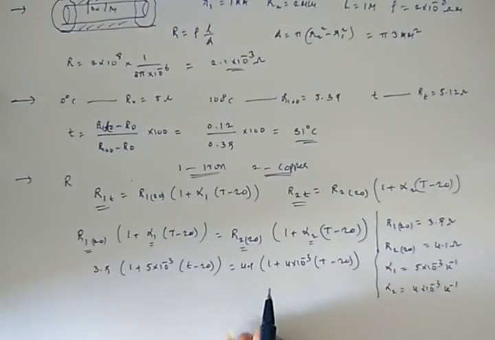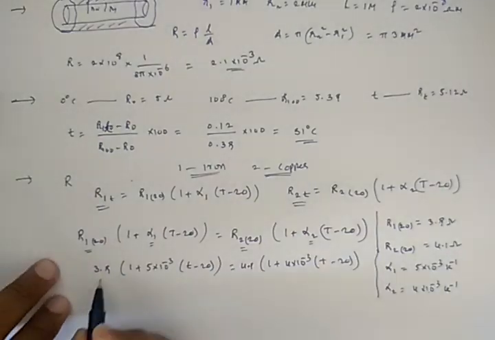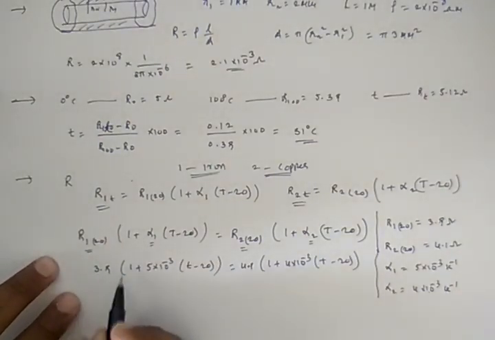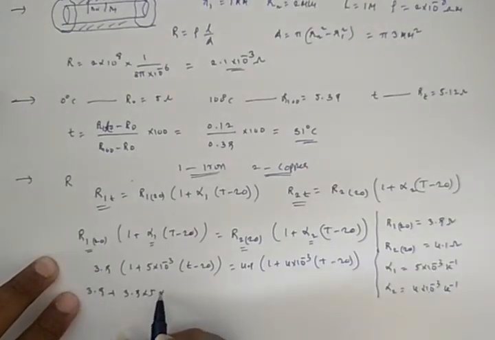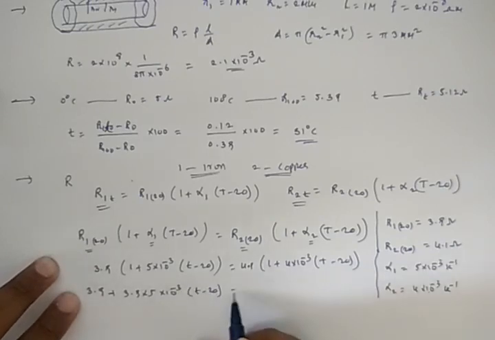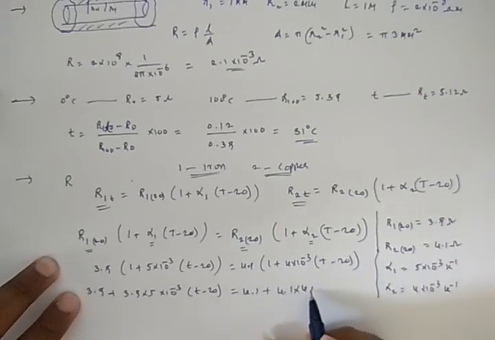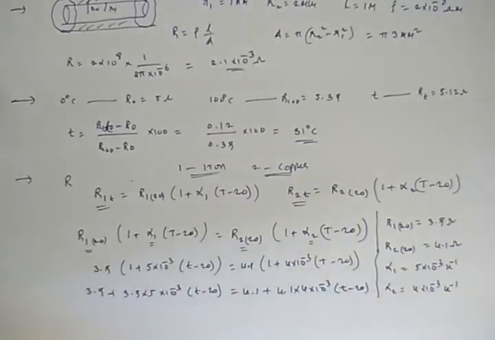So everything we know. Let us simplify this. You can write 3.9 plus 3.9 into 5 into 10 power minus 3 into T minus 20 equals 4.1 plus 4.1 into 4 into 10 power minus 3 into T minus 20.